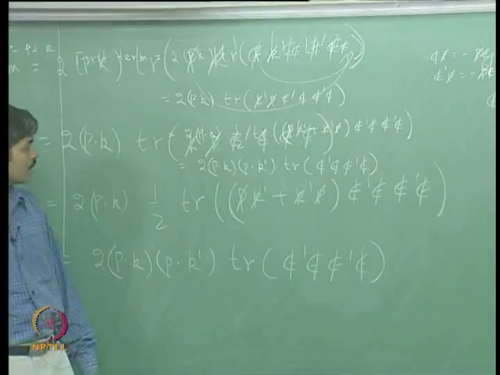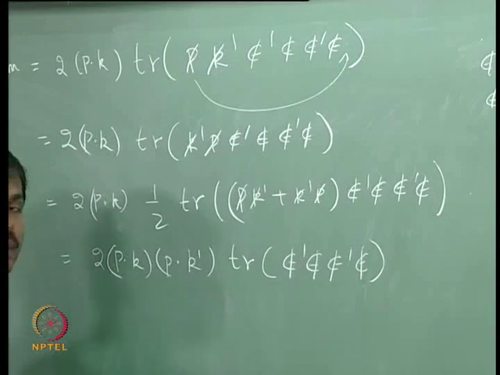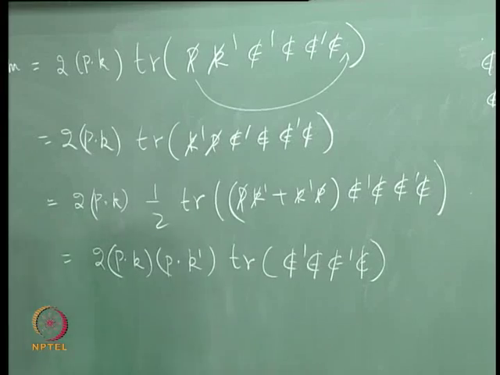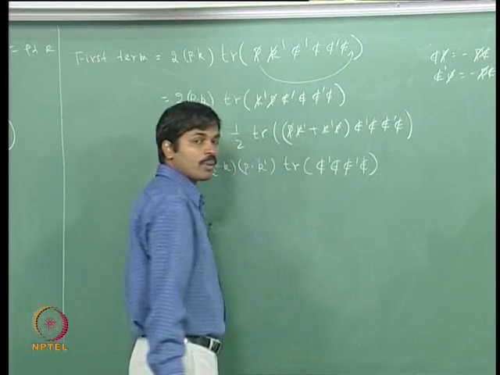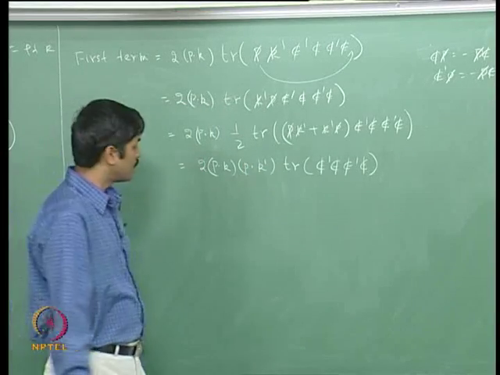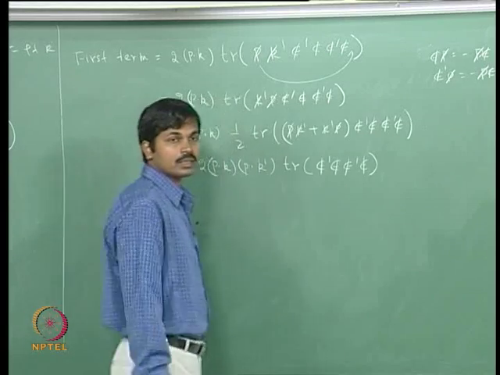All right. Now, I need to evaluate the trace of this, but anything which contains 4 gamma matrices is very easy to evaluate the trace of.